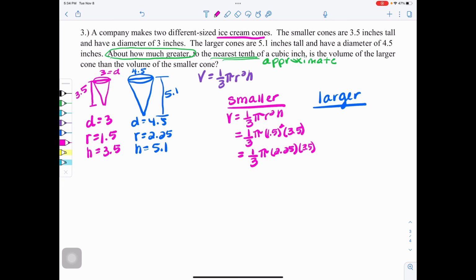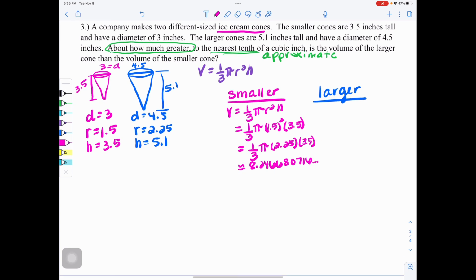So if we do that on our calculator, including pi, we're multiplying all of these things. So 2.25 times 3.5 times pi, and then also times 1/3. We end up with approximately 8.246680716. And of course, that would continue on. So we're going to leave it for now because remember, we don't want to round until the very end.